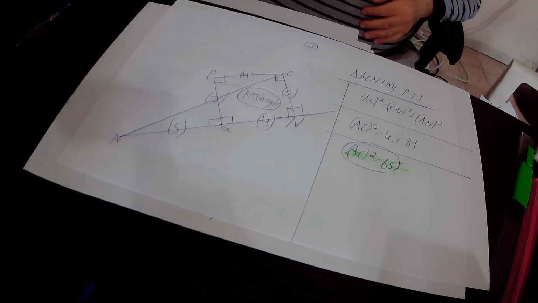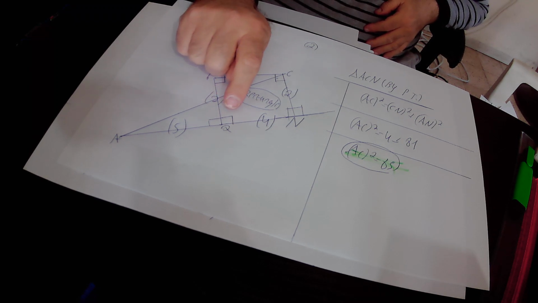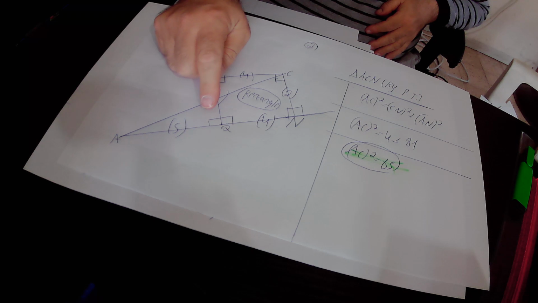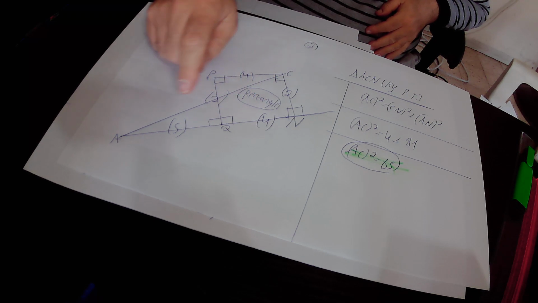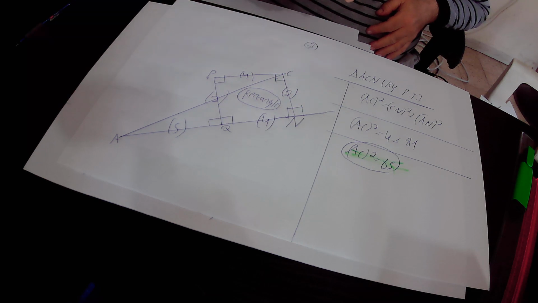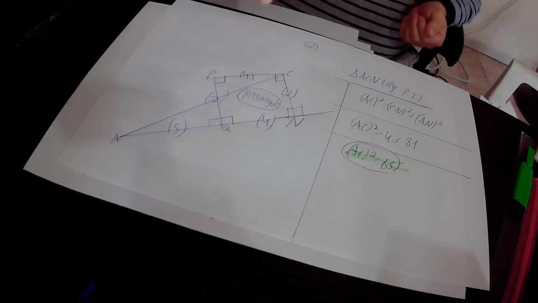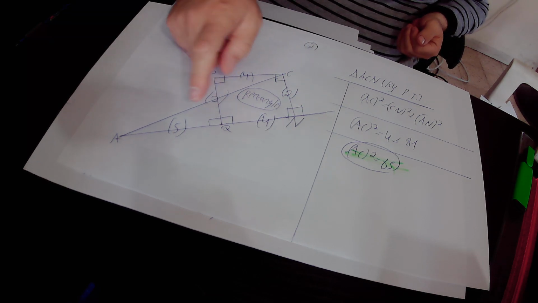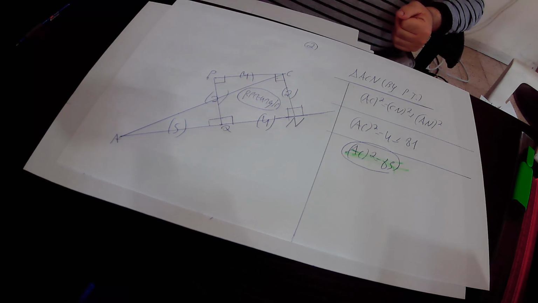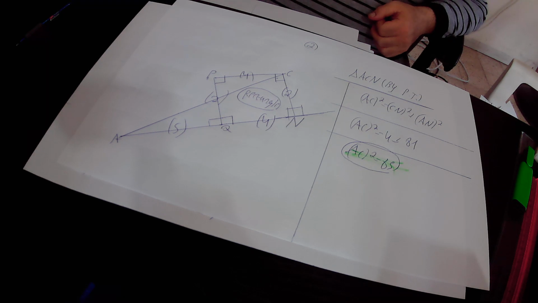In the next step, we extended side AQ by a straight line. When you extend a line, the result is a straight line. Therefore, this is a straight line. So if you focus on the upper side of this straight line at point Q, the sum of the angles must be equal to 180 degrees, according to the rule that the sum of the angles on one side of a straight line is 180 degrees.